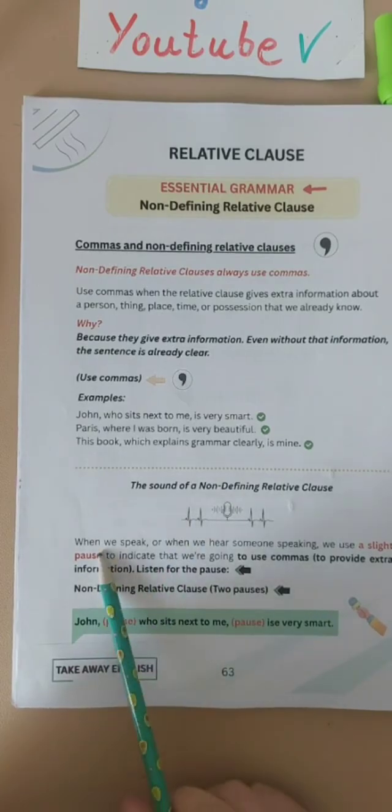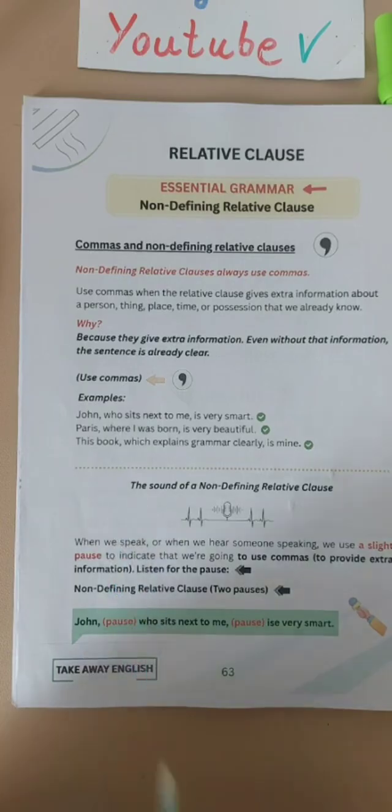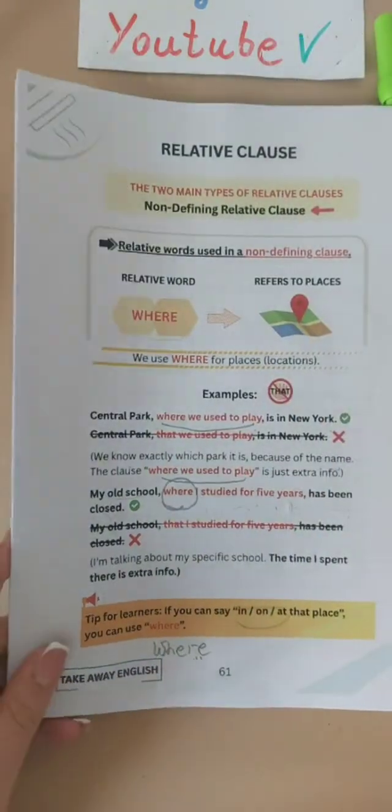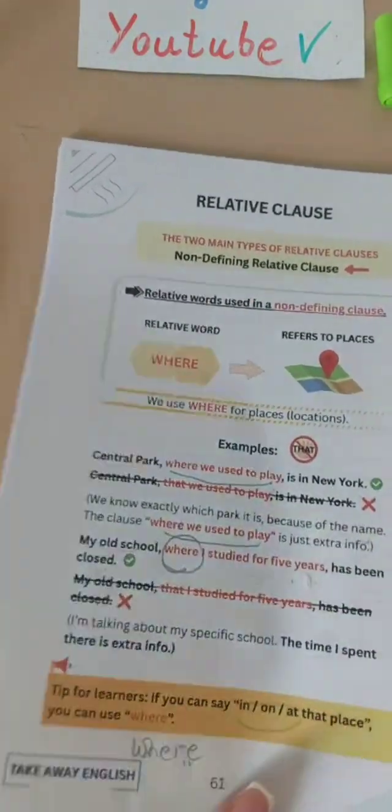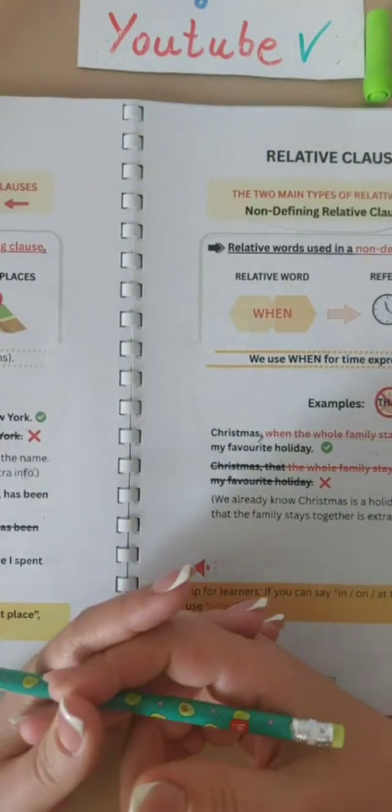And yeah, well, in speaking, it's really hard to. Non-defining has a lot of prepositions. Unicorn, what do you mean by that?